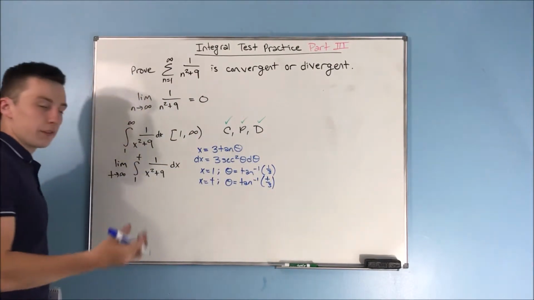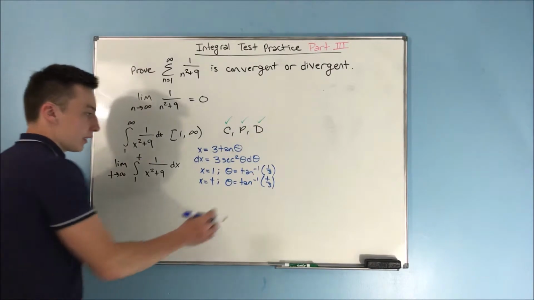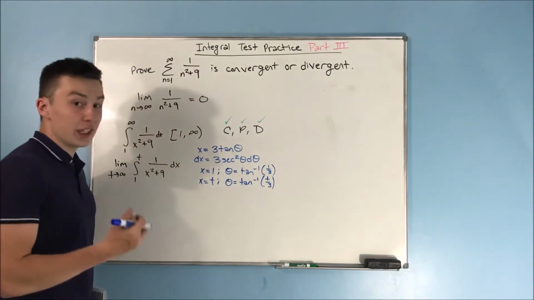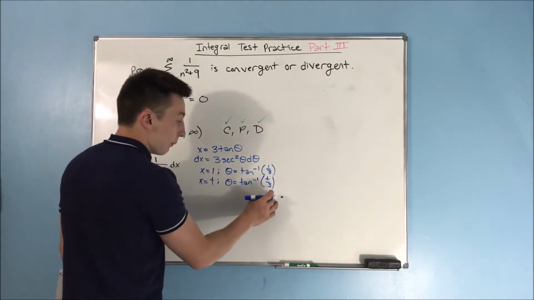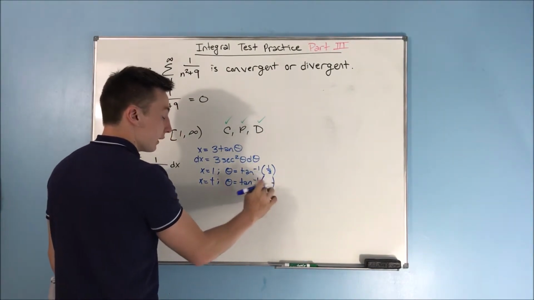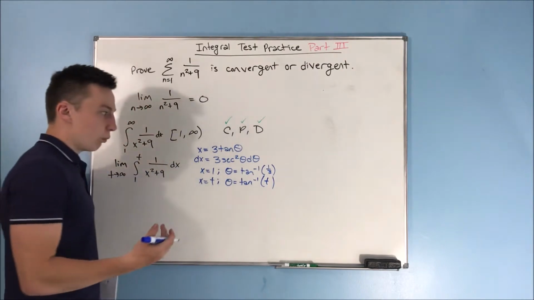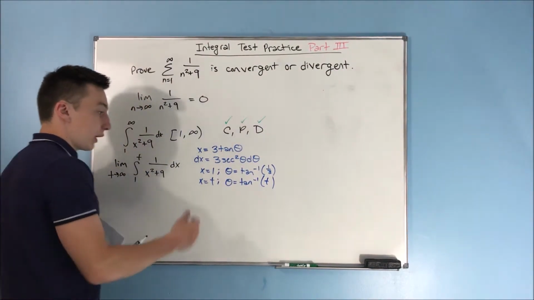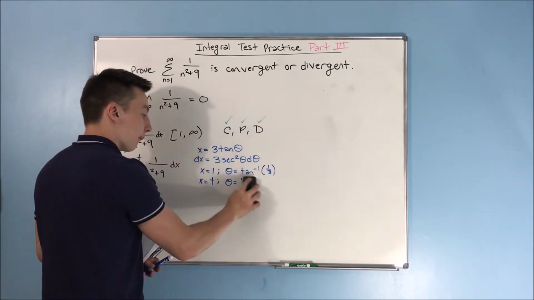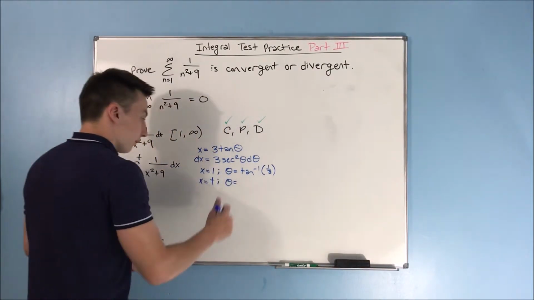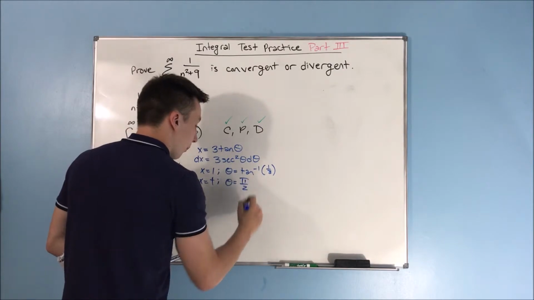But as t approaches infinity, this number still becomes infinitely large even though it's divided by 3, so it's the same as tangent inverse of t, which is pi over 2. That's what we know about the tangent inverse graph, so theta equals pi over 2.